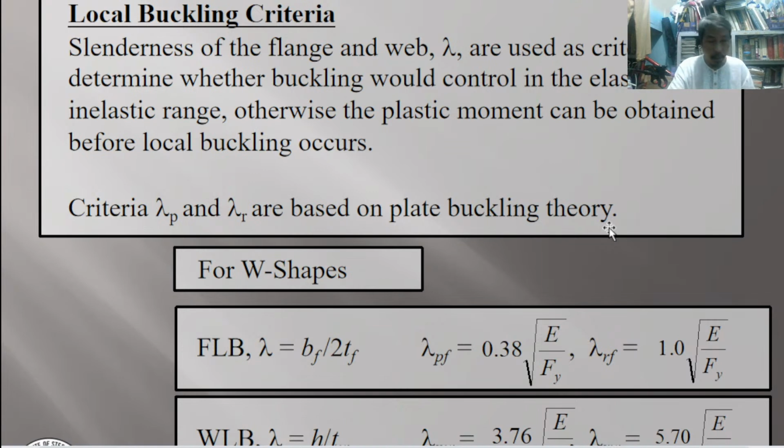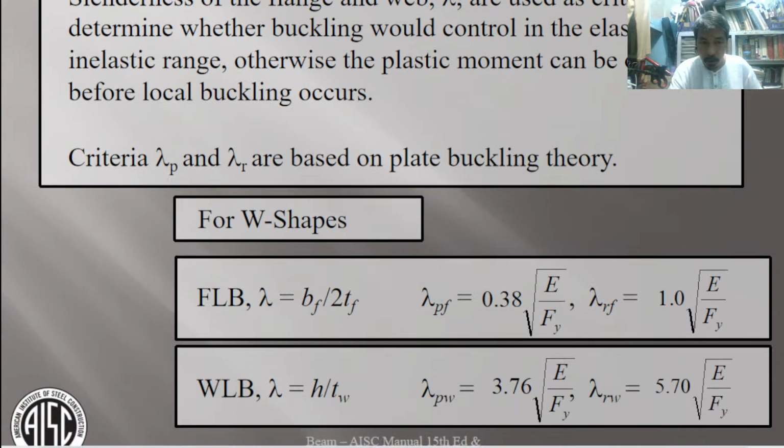For example, for a W shape, we have the following. For FLB, lambda is equal to bf over 2tf. Lambda pf is equal to 0.38 square root of E over Fy. Lambda rf is equal to 1.0 square root of E over Fy.